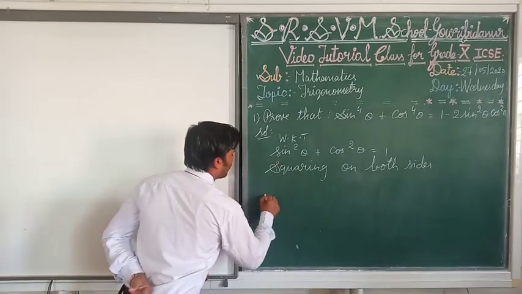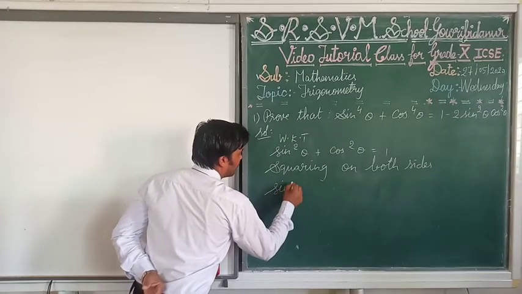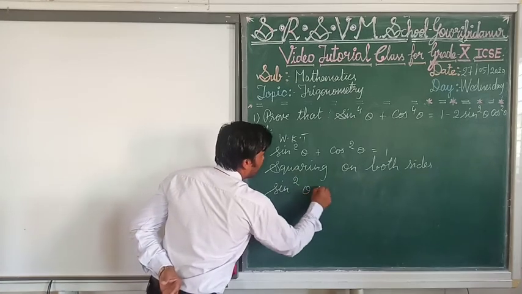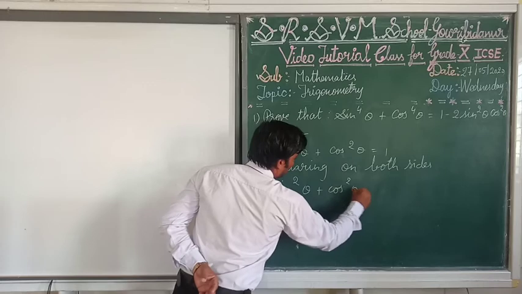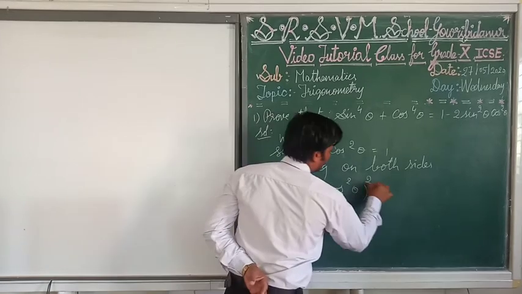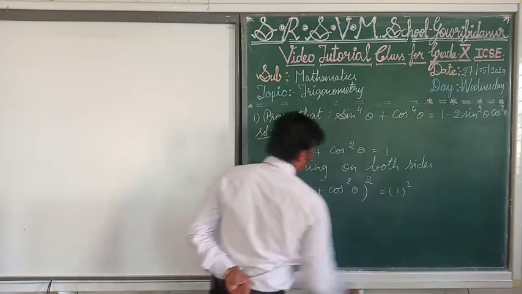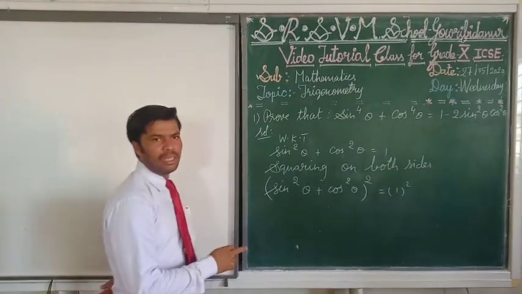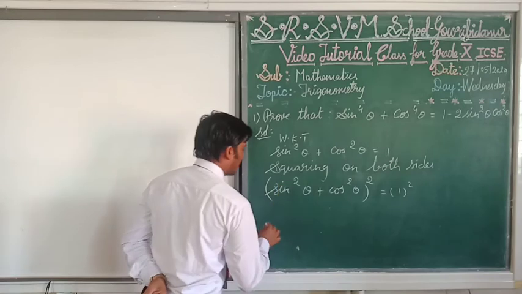So squaring means what will happen? Sin square theta plus cos square theta whole square is equal to 1 square. So this is a plus b whole square format, expand it.